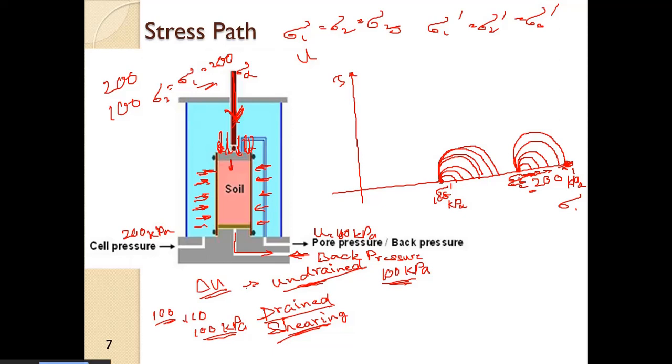The difference of these two is 100 kPa, which is the pore water pressure or the back pressure, maintained at 100 kPa. Here we have represented the stress path with increment of Mohr circle.